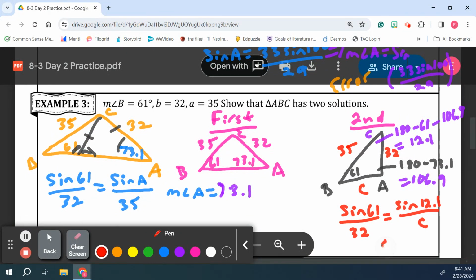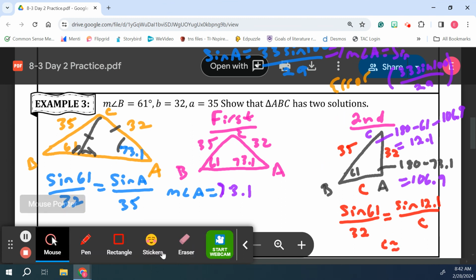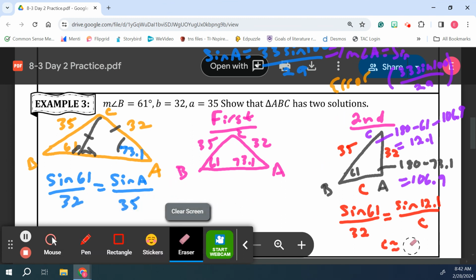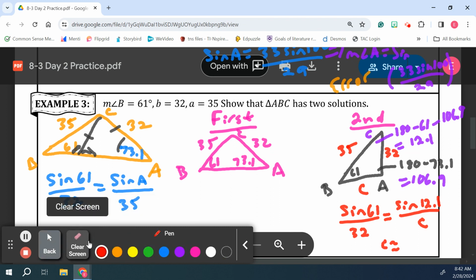Now someone tell me, what is c about equal to? 7.7, yeah.